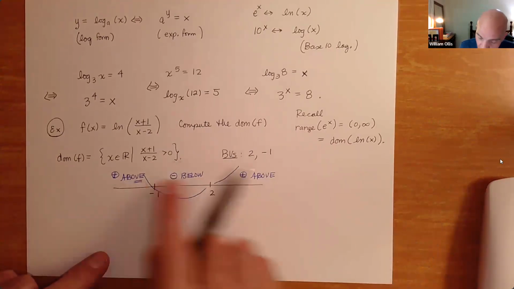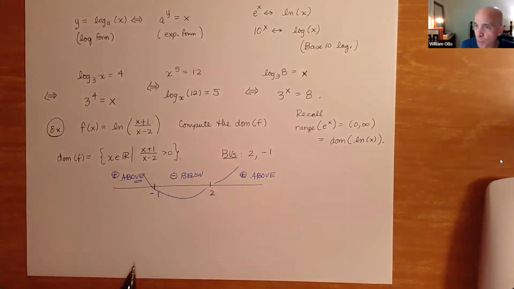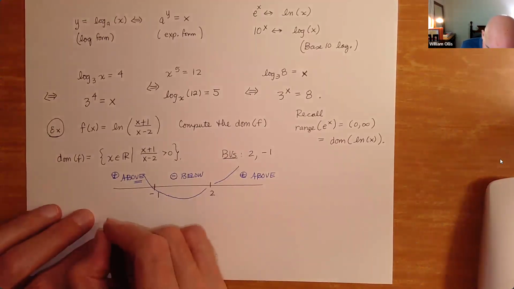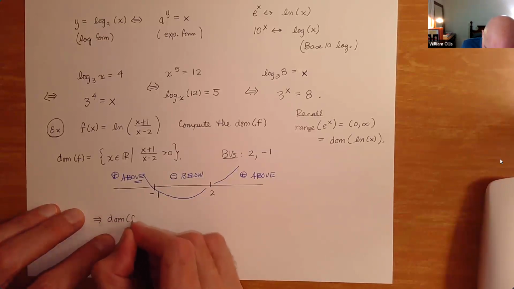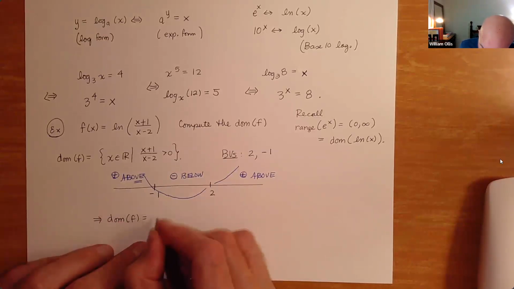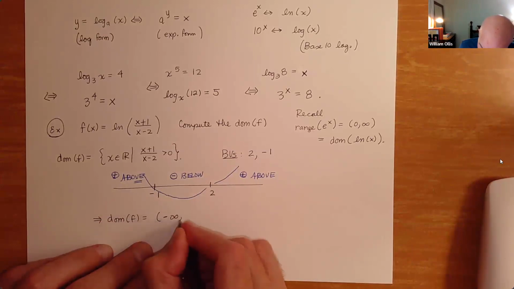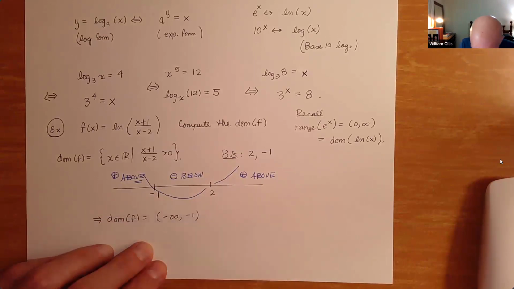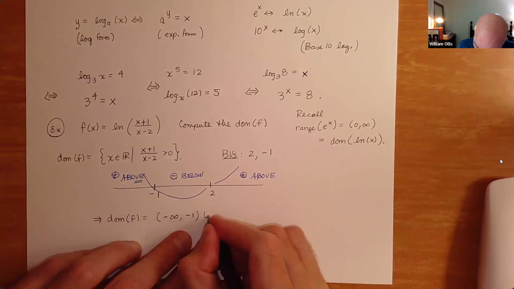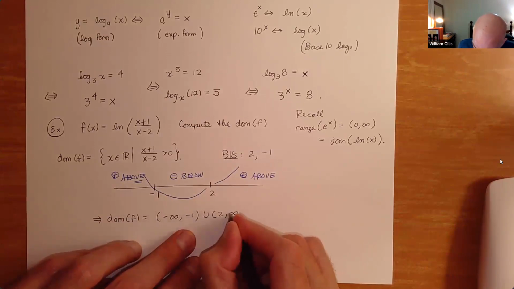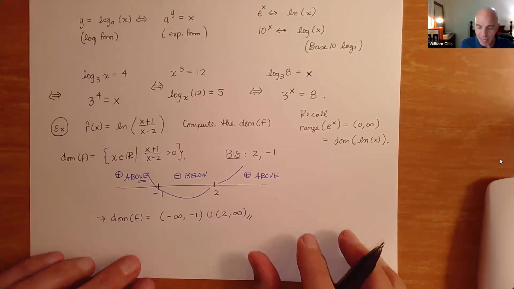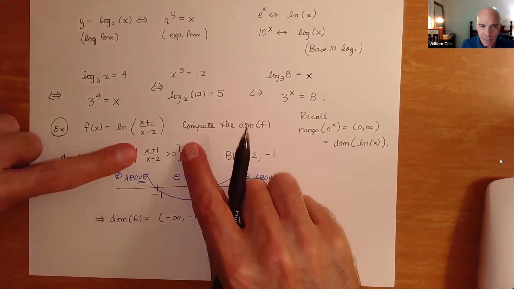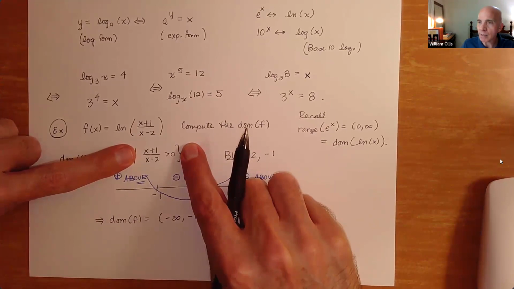And so now we just look for where this particular expression is positive. So this will imply that the domain of f will be all real numbers, negative infinity to negative 1, union 2 to infinity. So what we're seeing here, ladies and gentlemen, is that this is a very simple inequality.